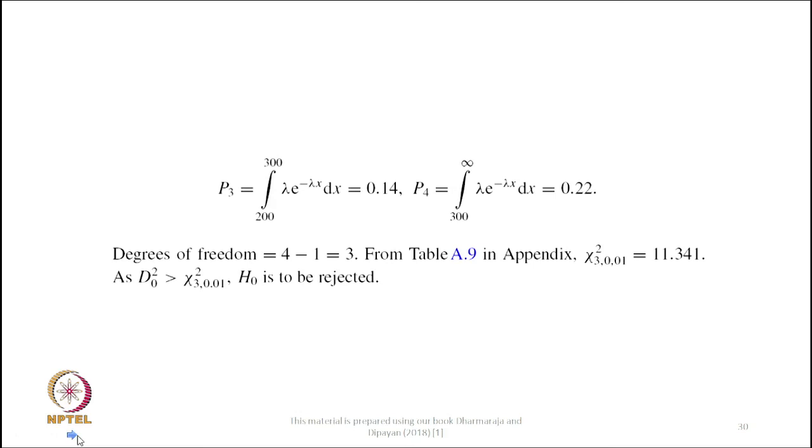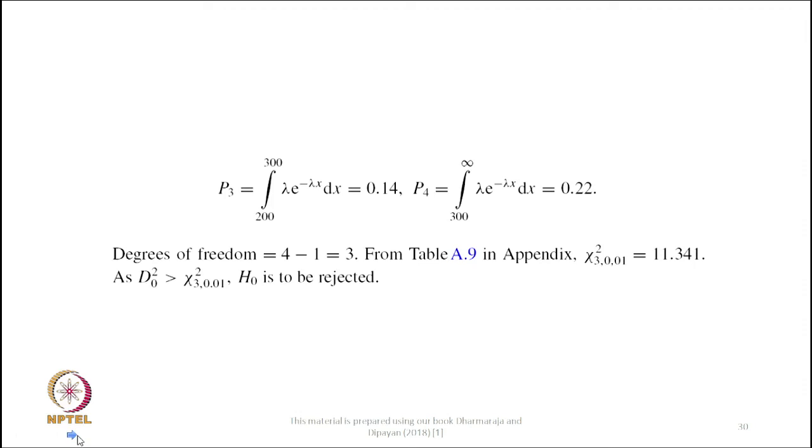You do not need to compute all the p's, because once you get the p i's for k minus 1, then the kth p i is going to be 1 minus the summation of the remaining ones. That you can verify also, because the total probability is 1. So, you do not need to compute the last one, you can get it easily.